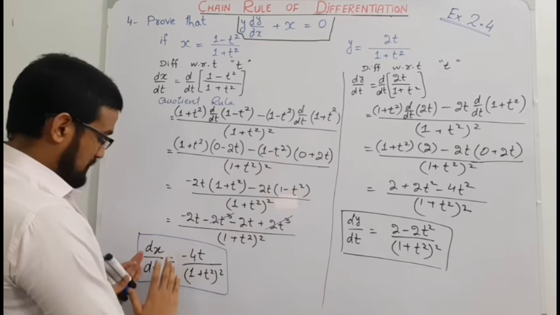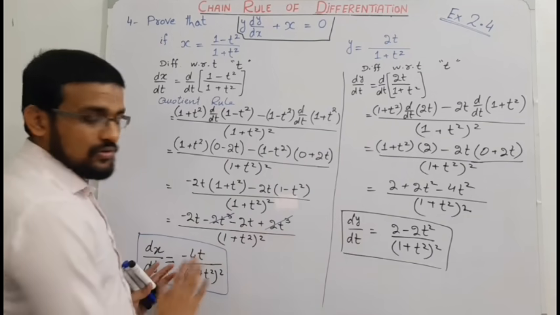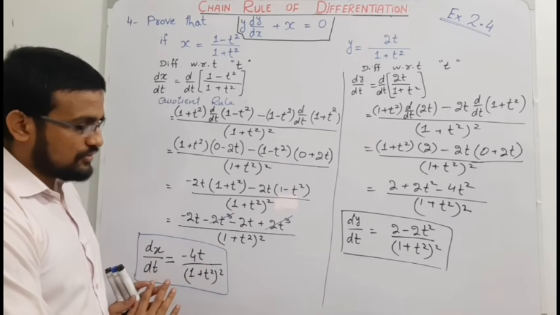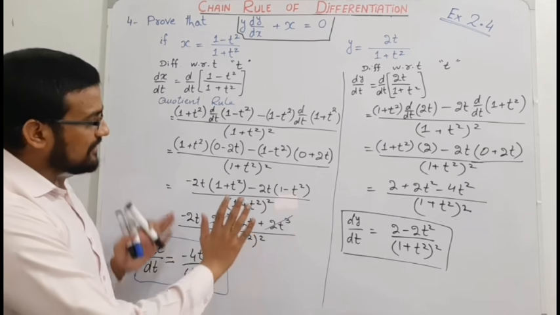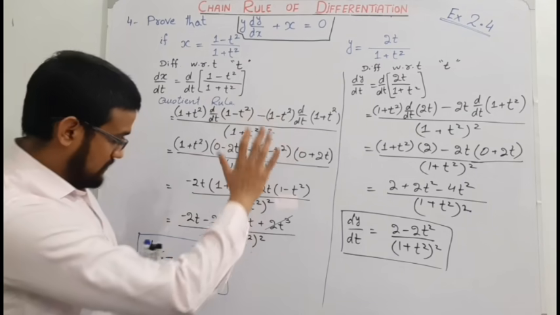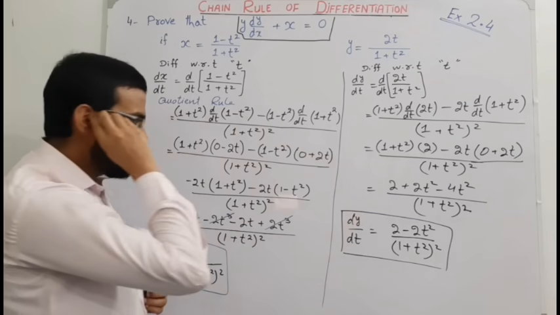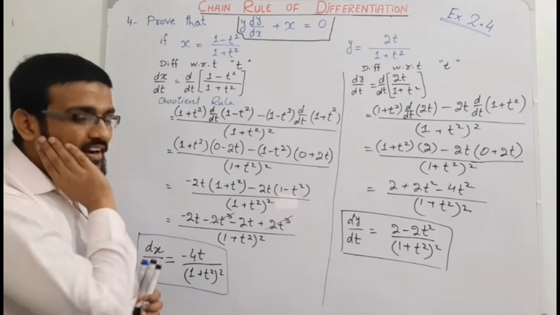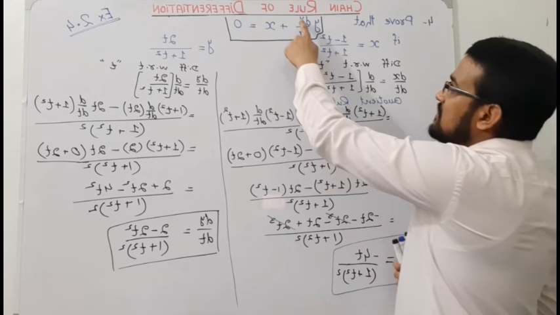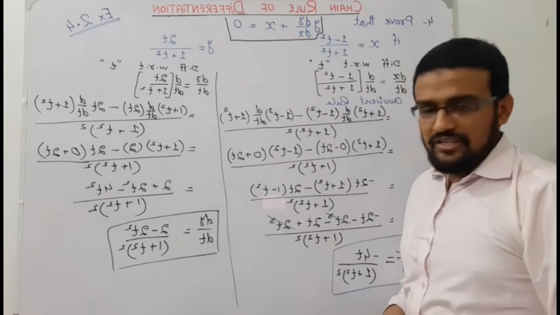Okay, these are two values, two results, not the result of the question. This is simply dx over dt, dy over dt, but our requirement is dy over dx.